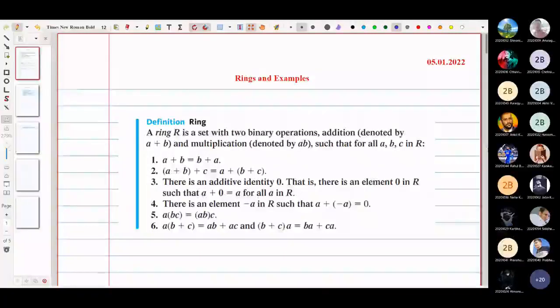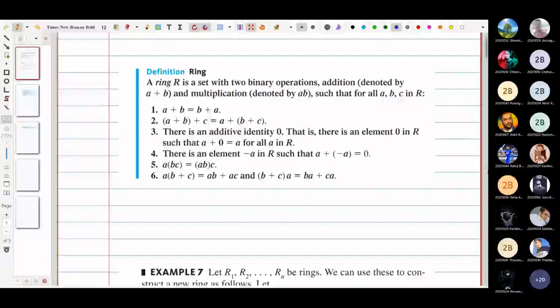So the first four properties, along with addition being a binary operation, make R a commutative group or abelian group under addition. And the rest two properties, because under multiplication also R is closed, so closedness and this fifth property make R with dot a semigroup.